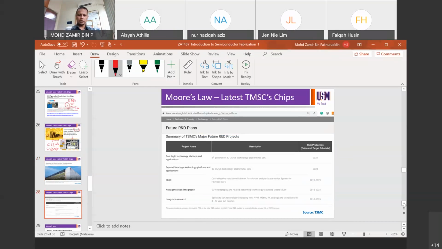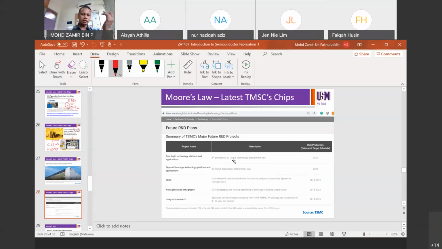In fact, this is their target. I just took a snapshot from the TSMC website. You can see here their future R&D plans, if you want to see where they're going with future technologies. If you look at the first row there, 3nm logic technology platform using 3D CMOS, FinFET or GAA FET, gate all around or FinFET technology.